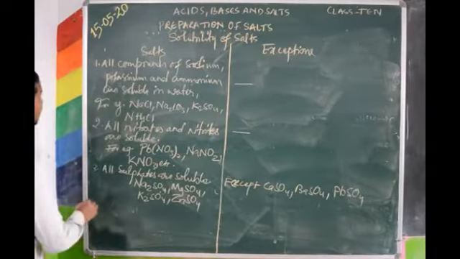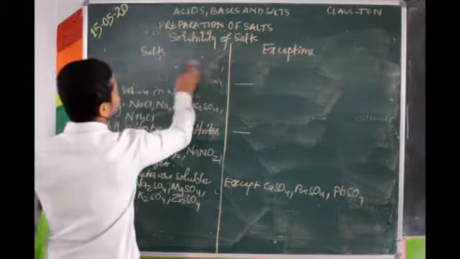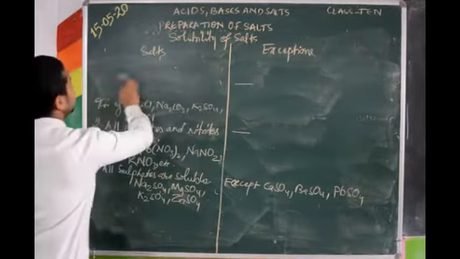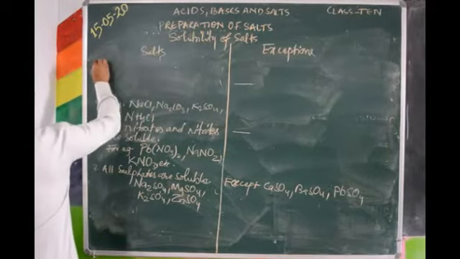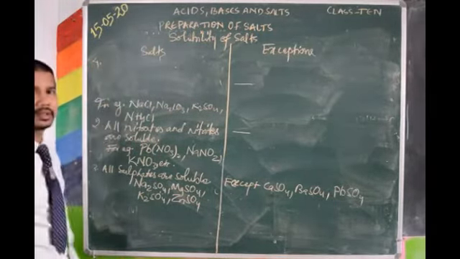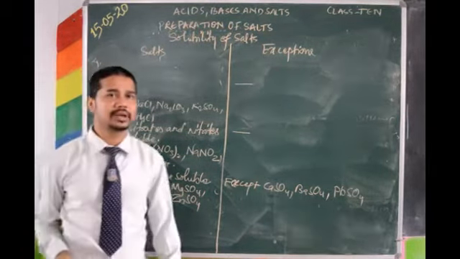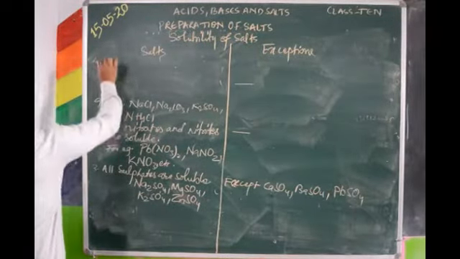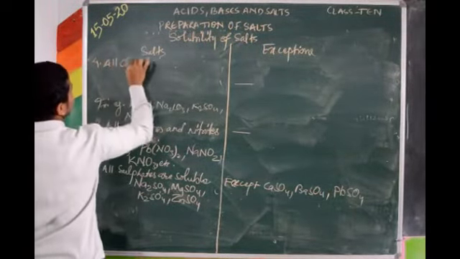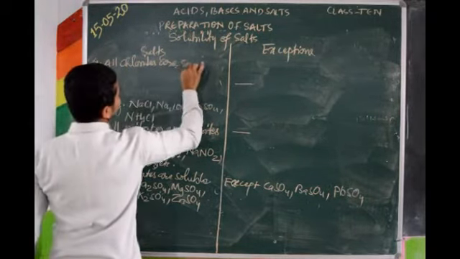Now number 4. All sulfates are soluble, we have done. Then all nitrates and nitrites, all chlorides. All chlorides are soluble.